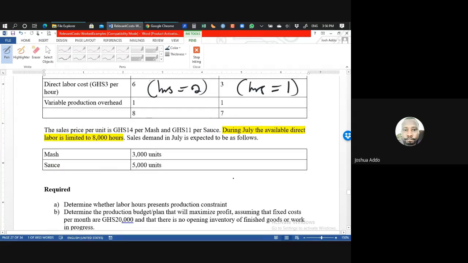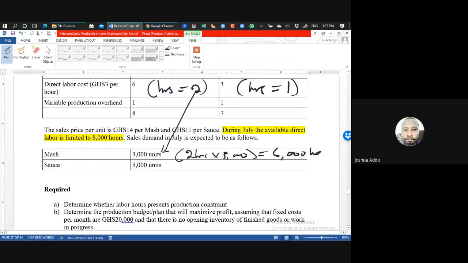So once you have these units, and you also know the hours that are required for producing each one unit, you can calculate the total hours required in producing mash. And this will be, because each unit requires 2 hours, 2 hours times 3,000 units, giving us 6,000 hours.